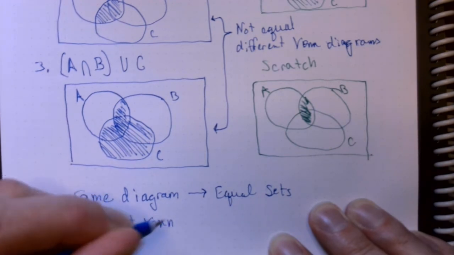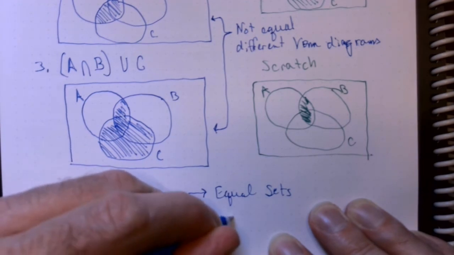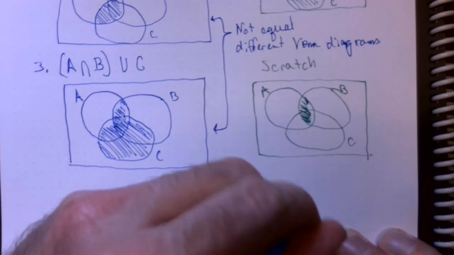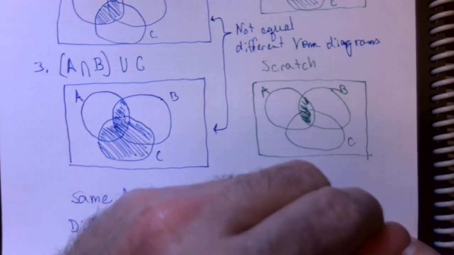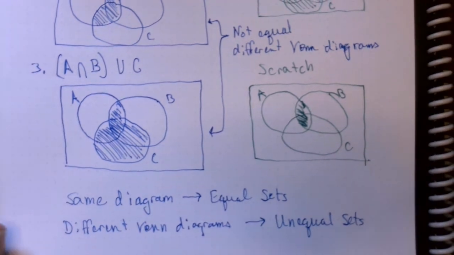Different Venn diagrams, then you have unequal sets. Let me look at a quick example here of two things that might look like they're unequal, but they actually turn out to be the same.